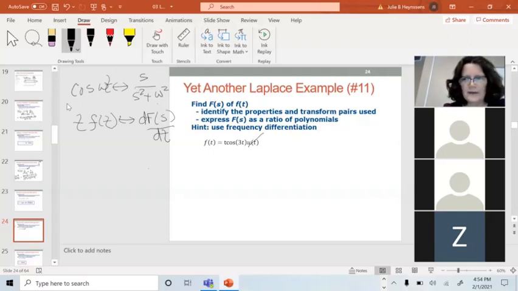Yuck. Okay, I know how bad this is. Cosine omega t, so cosine 3t would be s over s squared plus 9. And what I have to do now is take the derivative of that with respect to s.